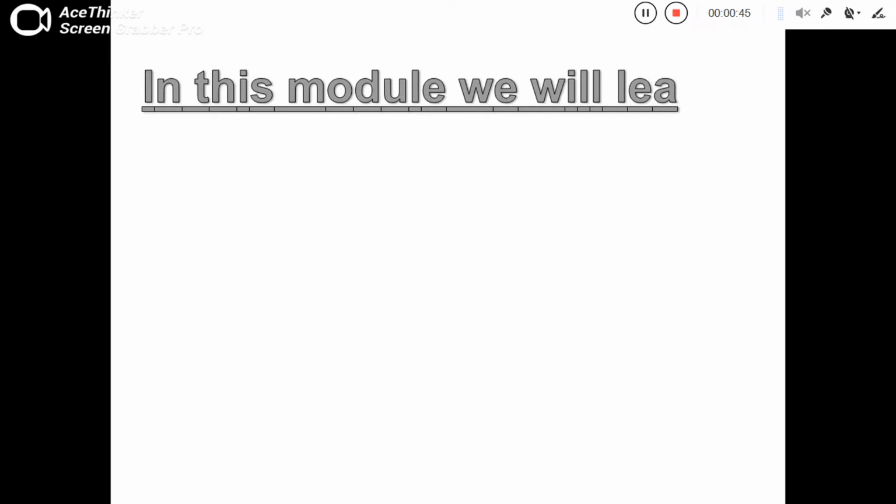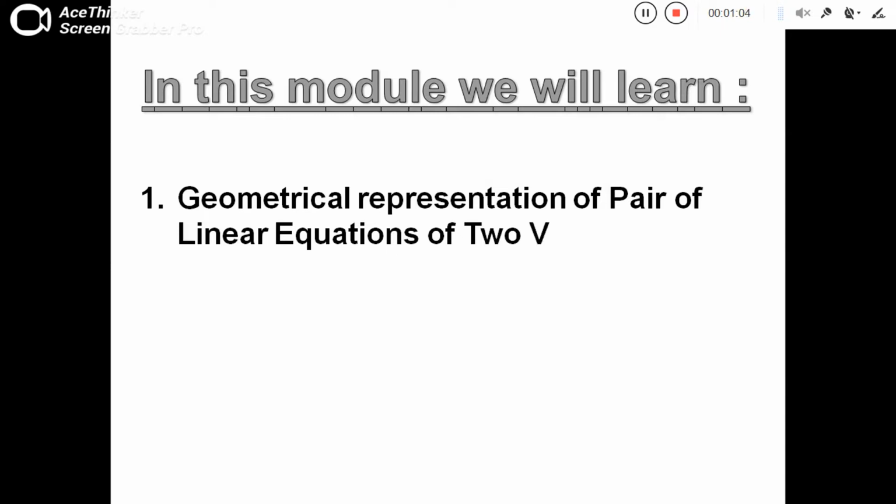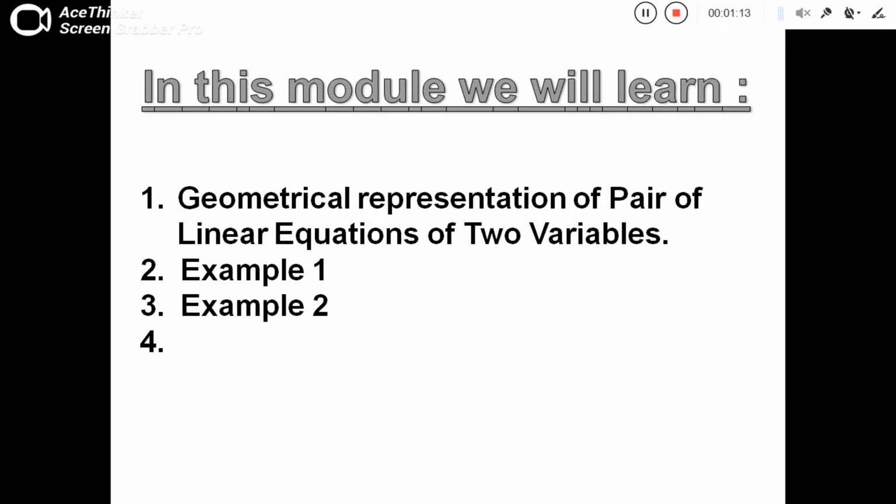In this module we are going to learn the geometrical representation of a pair of linear equations in two variables. After learning it, we will solve example number 1, example 2 and example number 3.